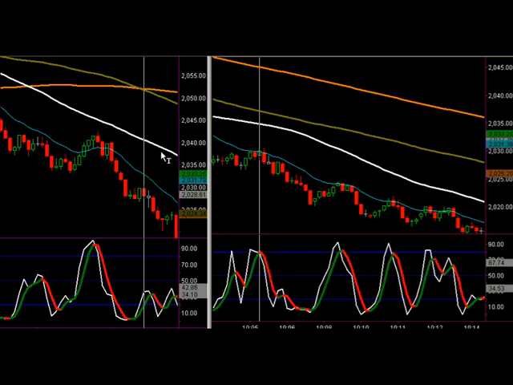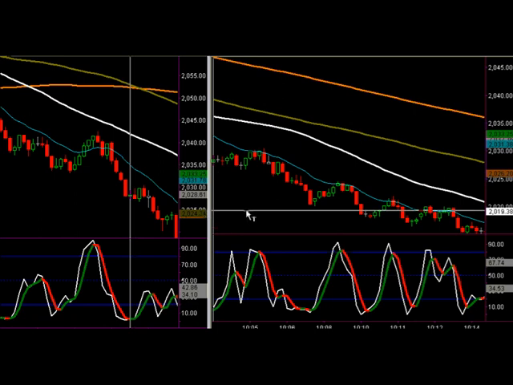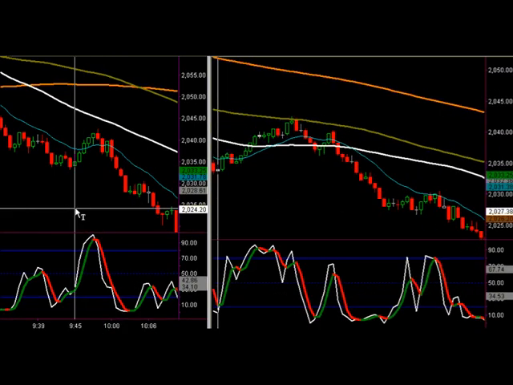And we did go over really just one rule, translating those principles to rules, and that was that we would use our longer term cycle indicator as a trailing stop.